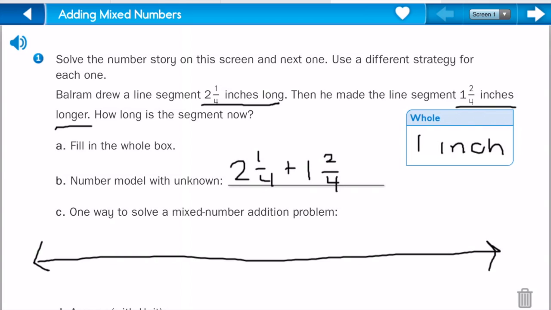And I'm going to go ahead and make 1/4 segments. So this would be 4/4 or 1. Here would be another, it would be 8/4 or 2.